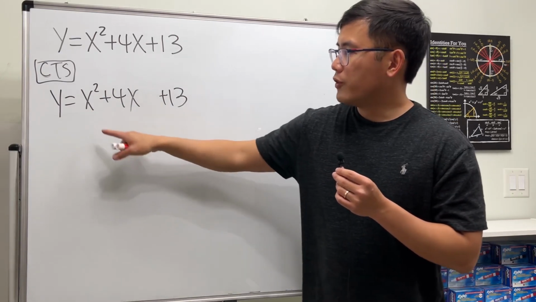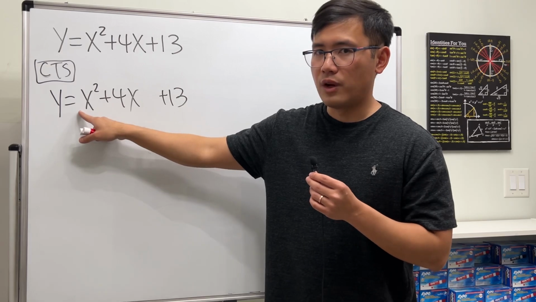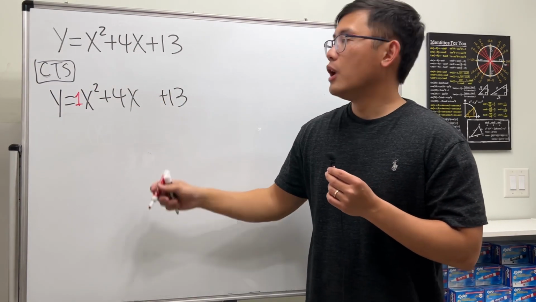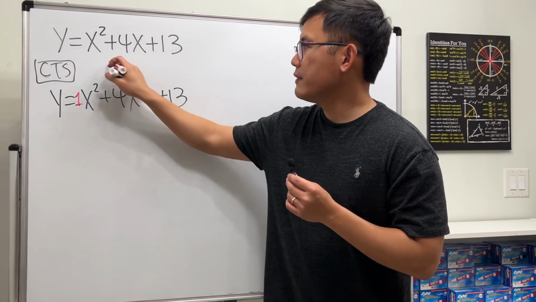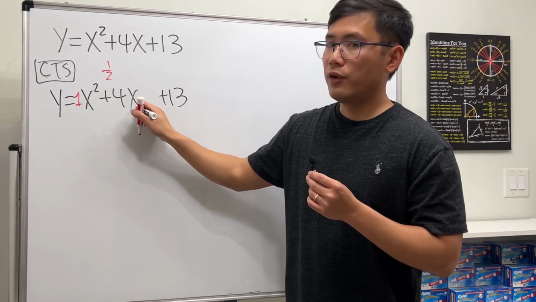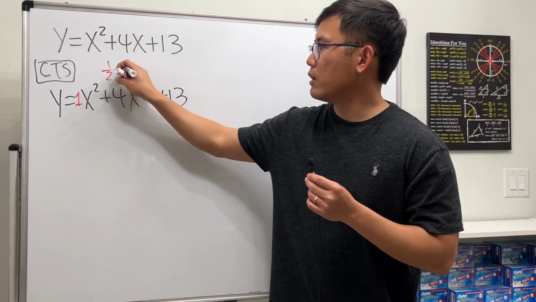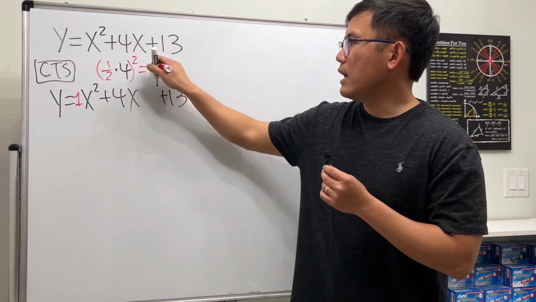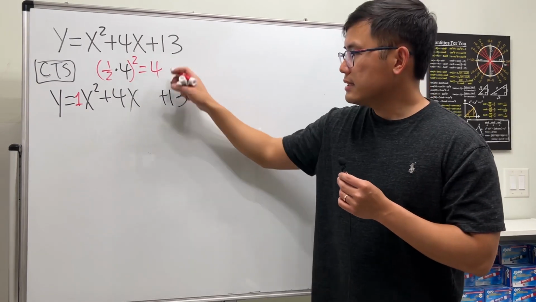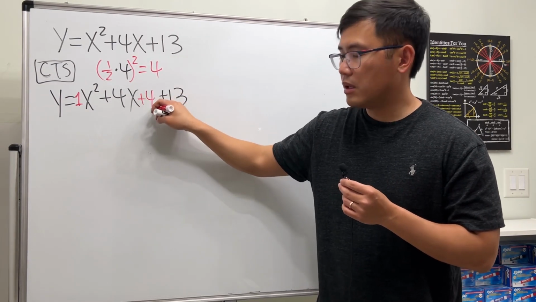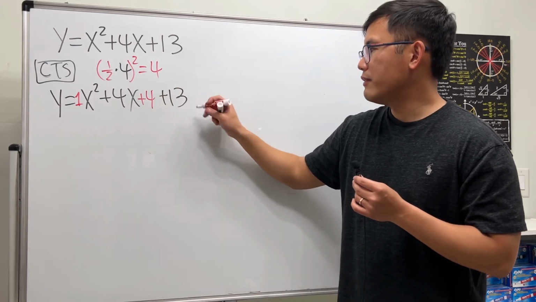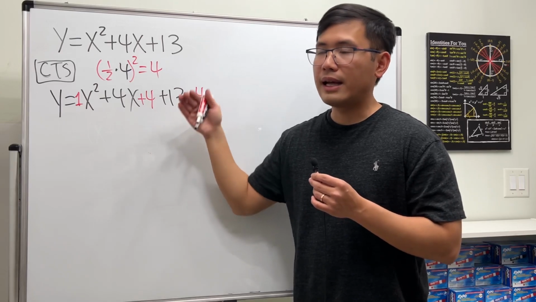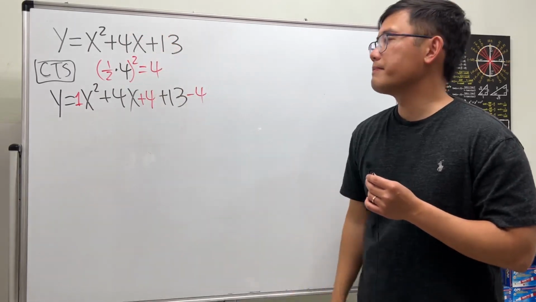And to do so, we have to first make sure that we have a 1 in front of the x squared. We do. So we can proceed. We will take 1/2 of the coefficient of x, which is 4. So we do 1/2 of 4 and then square. Work that out, we get 4. So that's the number that we have to add right here. And immediately right after, we will have to minus that so that we're just adding 0, so that we can maintain the original, right?